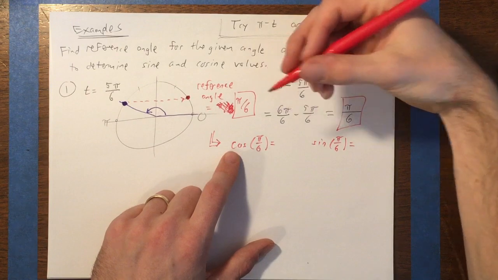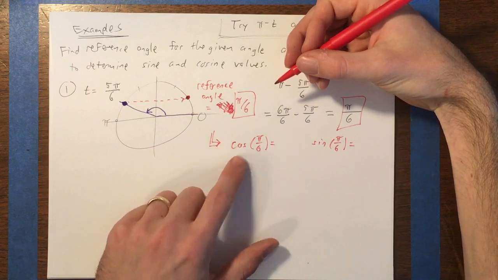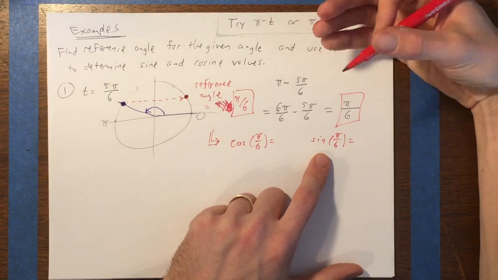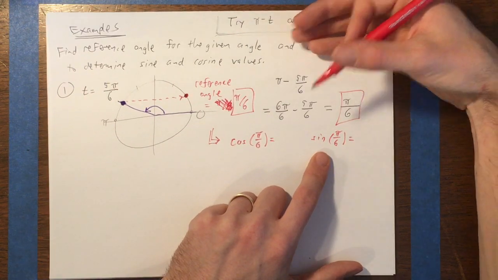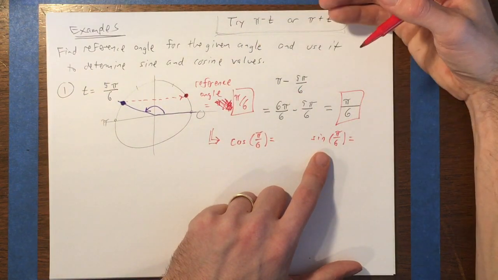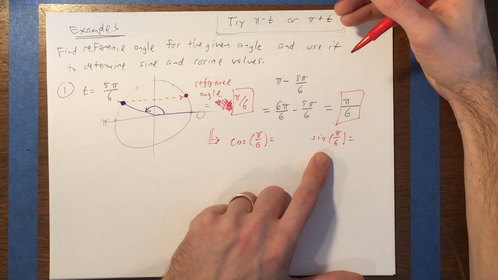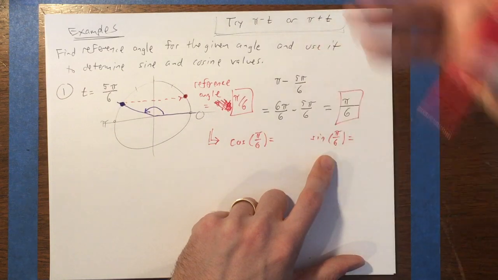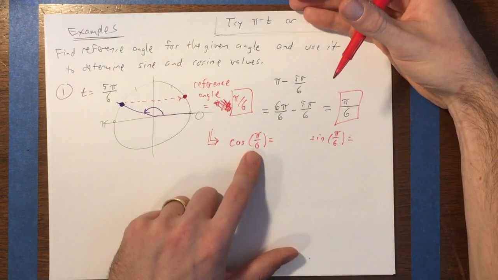So pi over 6 is 30 degrees. So we're talking about cosine and sine of 30 degrees. If you haven't memorized those values, that's okay. I'm going to show you a full unit circle and walk you through some mnemonics for memorizing all these things later. But these values, I'm just jogging your memory of how we know these values. It's from the special triangles.